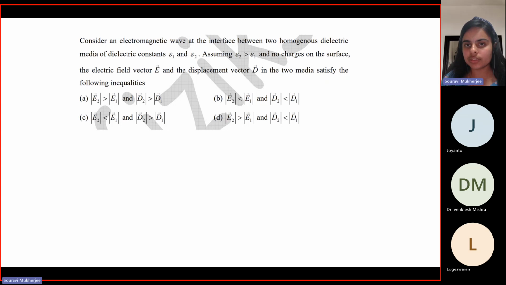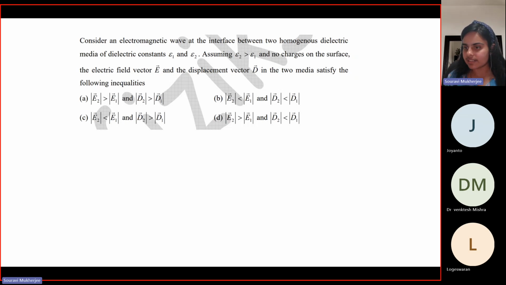Now, if we go back to what happens in a dielectric, and where the concept of displacement vector comes from, we would remember that when you have a dielectric and some incident electric field, there would be a polarization, right? The polarization would be such that the induced field is in a direction opposite to the initial incident field.